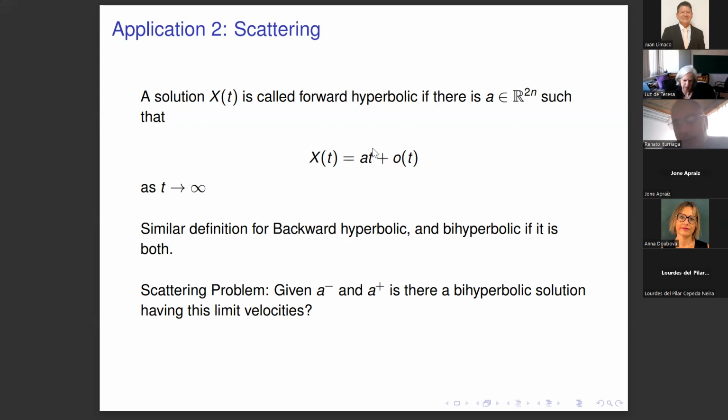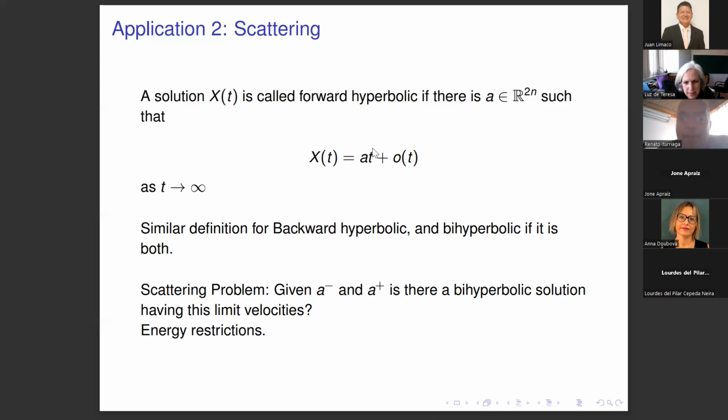Of course you have to put some energy restrictions. In that generality this is false, and even if you add some energy restrictions, you can find examples where it is also false.